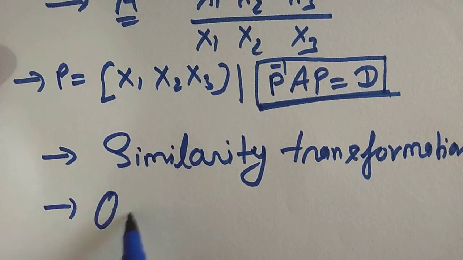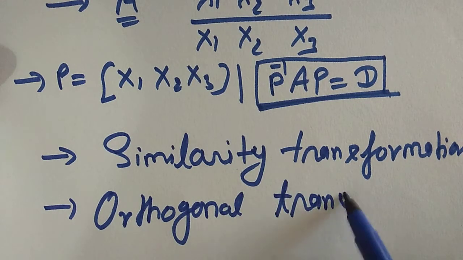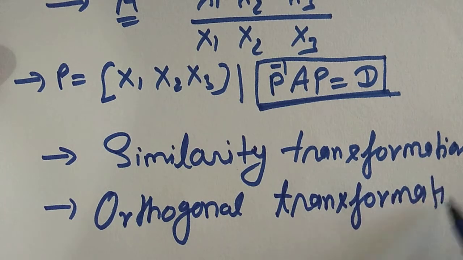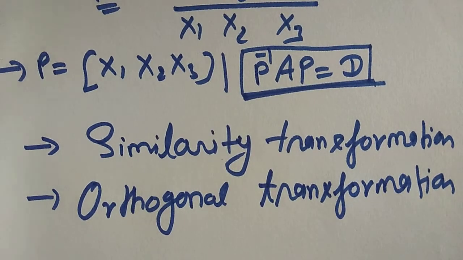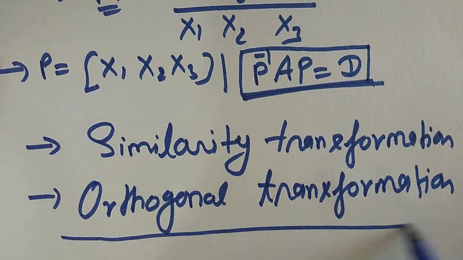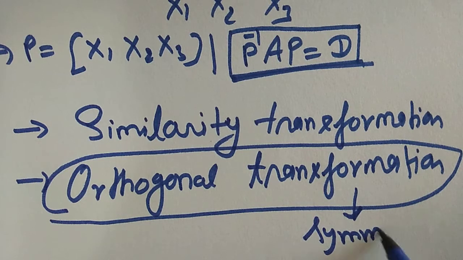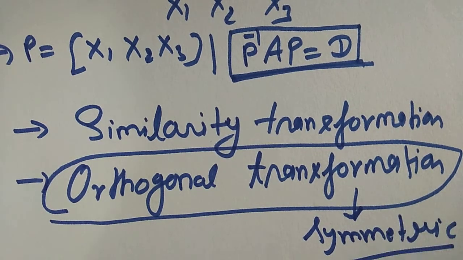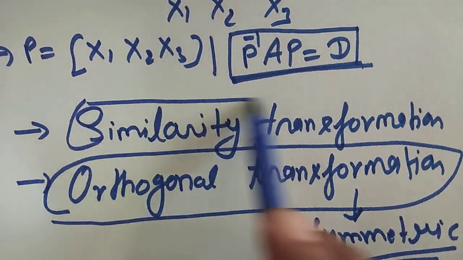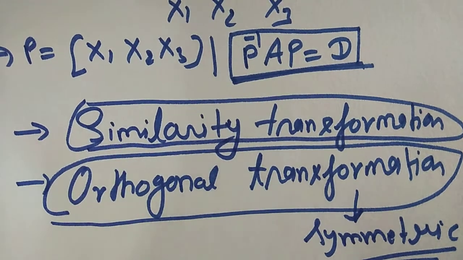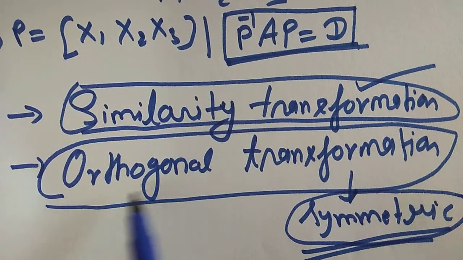This orthogonal transformation is valid only for a symmetric matrix. And if A is a non-symmetric matrix, we have the similarity transformation. So let us discuss one by one. Let us take the similarity transformation first, then we will take one symmetric matrix and see how the orthogonal transformation works.